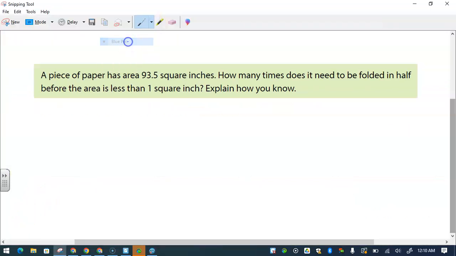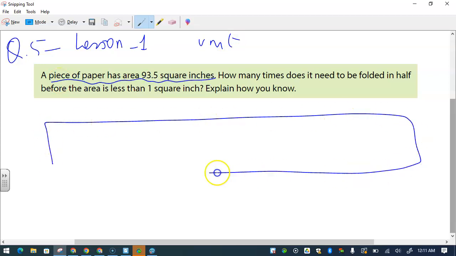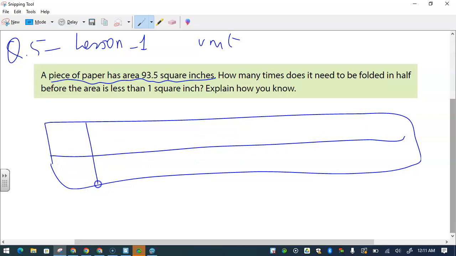This question is number 5, and it is a lesson 1 problem, a repetition of lesson 1, unit 4, if you have missed it. A piece of paper is given. In the beginning there is a paper, and I'm making a table: 0 folds, and 93.5 area. How many times do we need to fold it in half?